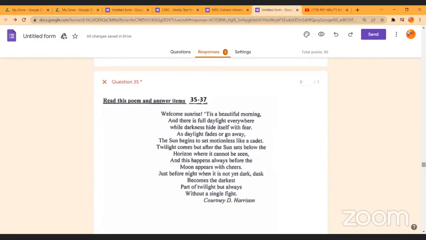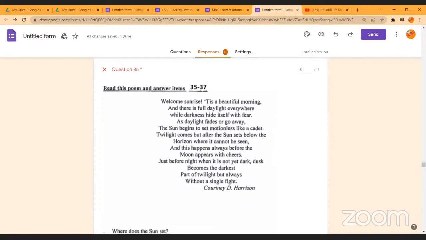Welcome, sunrise. 'Tis a beautiful morning, and there is full daylight everywhere, while darkness hid itself with fear. As daylight fades or goes away, the sun begins to set, motionless like a cadet.